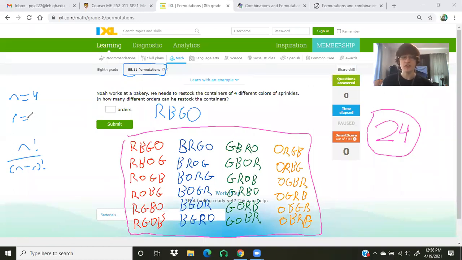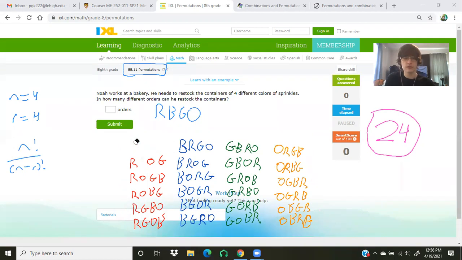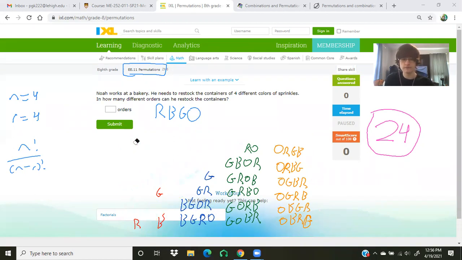In this case, r is also 4 because you have 4 colors to choose from, and you need to restock the containers fully. So you're putting all 4 back up onto the shelf. So there's a total number of 4, and you're using all 4 of them. Let me quickly erase this table so we can work this out.